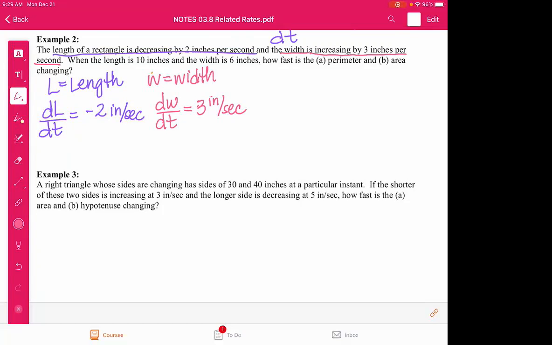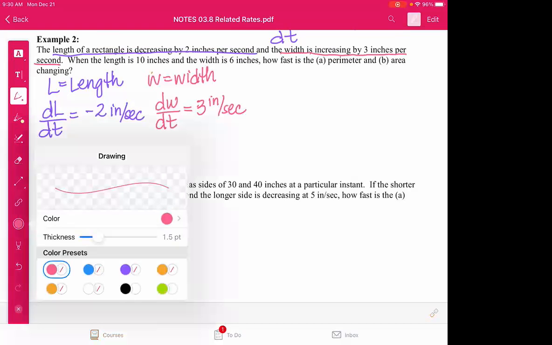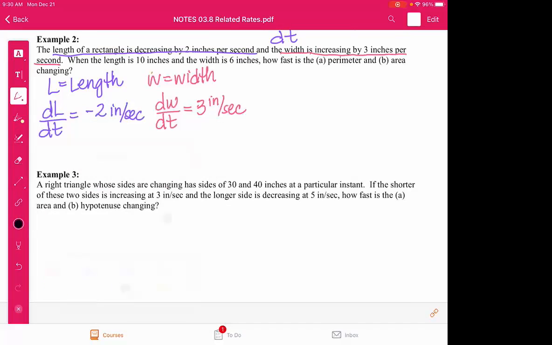Okay, so when the length is 10 and the width is 6, how fast is the perimeter changing? And then we have to figure out how fast the area is changing. So we've got 2 different things that we need to find the rate of. First we go back to perimeter. In order to figure out how fast the perimeter is changing, we need a perimeter formula.